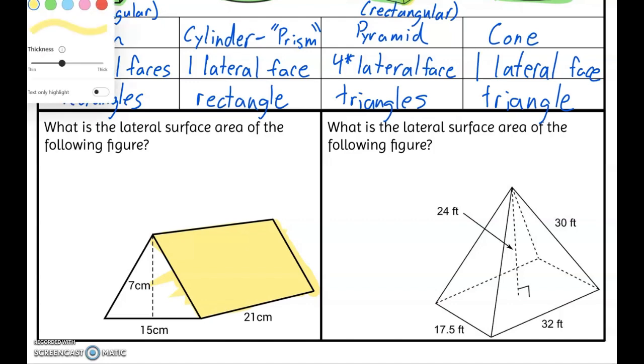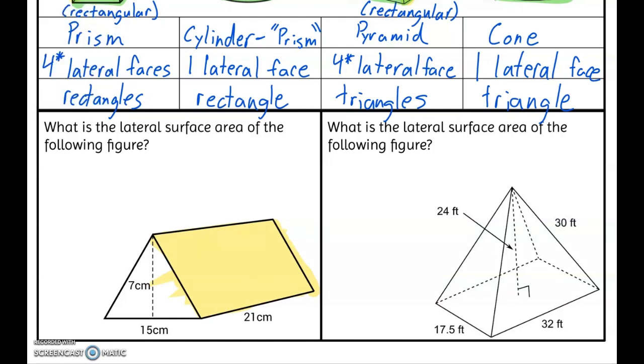Before we can get started on finding that, we need to find what this length is. So let's find that length right there. We're going to call that my width. Well, we know that this cuts this bottom length in half. So when we divide 15 by 2, we get 7.5.